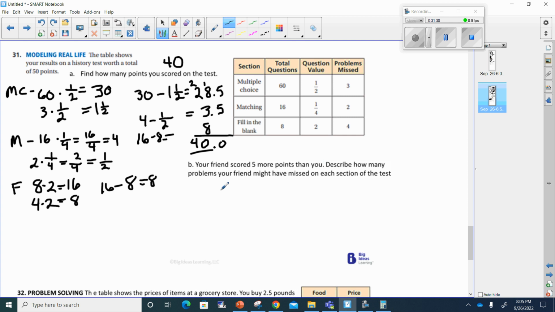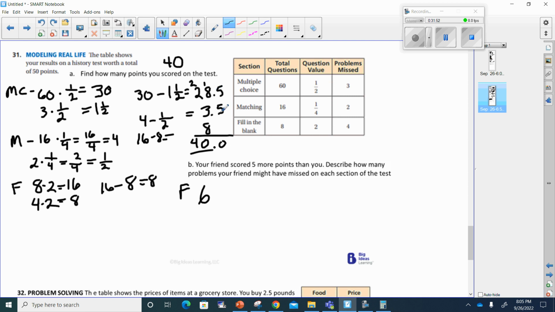So your friend could have got 6 right for the fill in the blank. That would have given him 12. 16 minus 12 would have been 4. That would have given him 4 more right. Now we need to give him 1 more problem right.